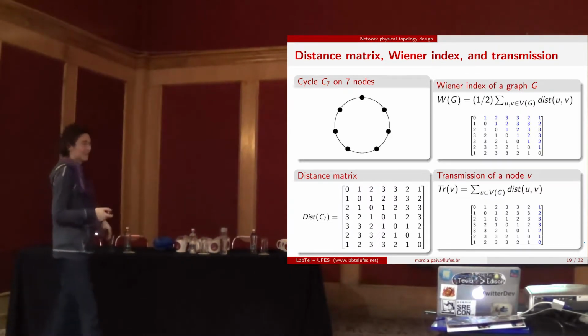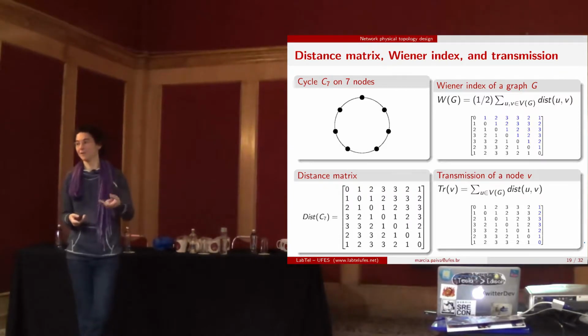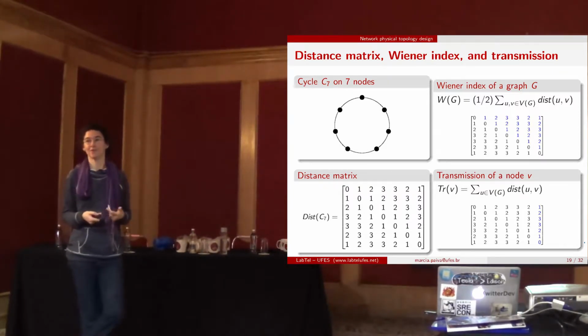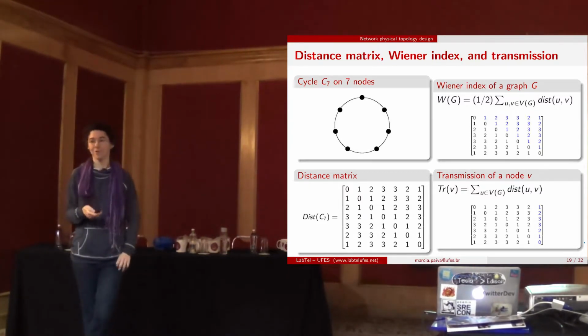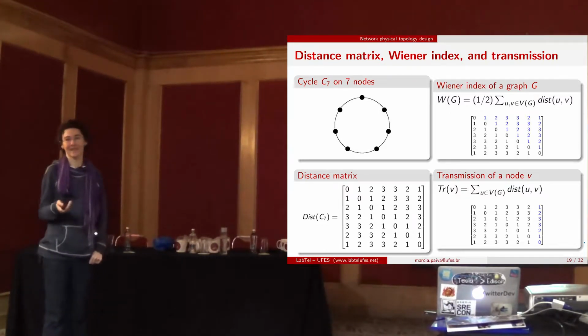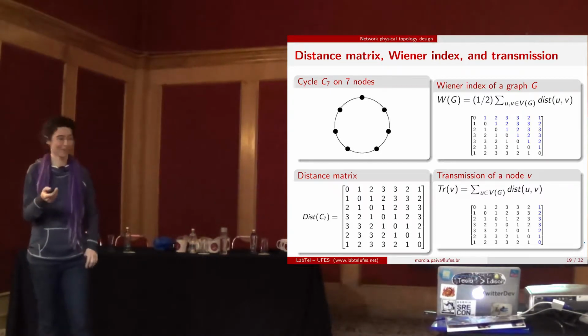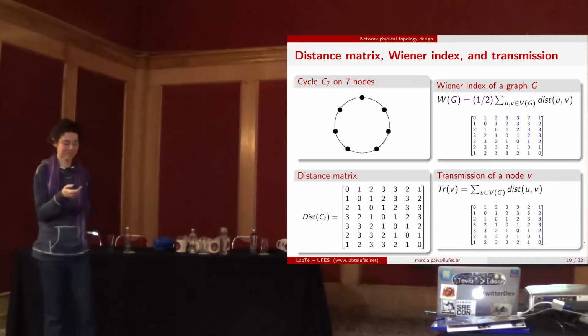So in order to build these topologies that have two geodesics, or two shortest paths, for any pair of nodes, we will first define two different invariants. I cannot say that they are new, but maybe not everybody knows them.